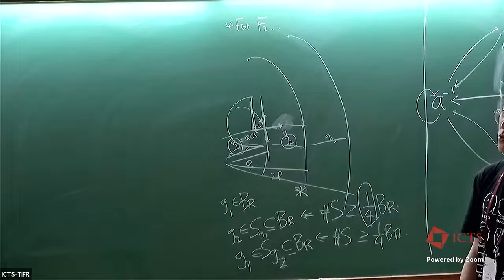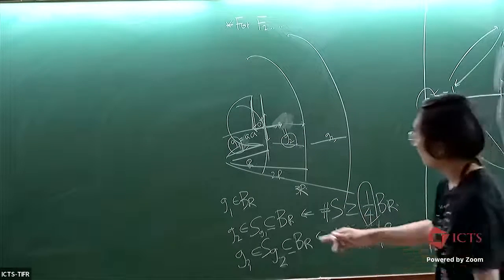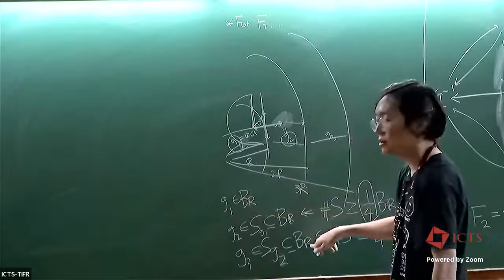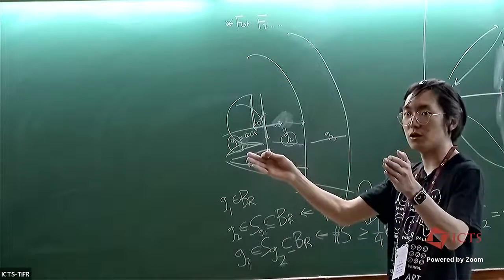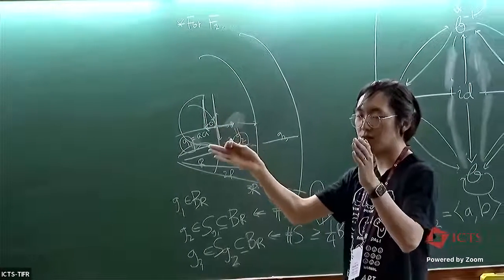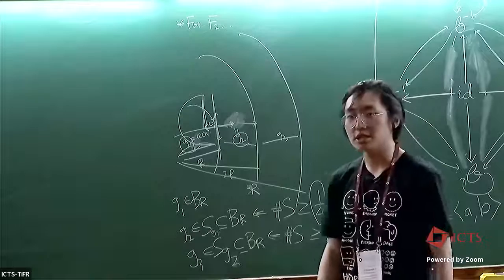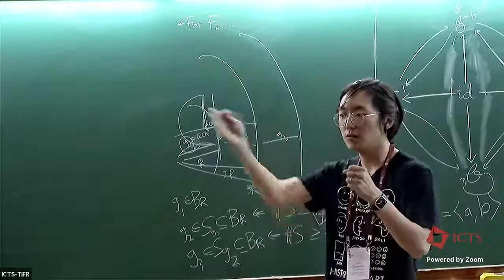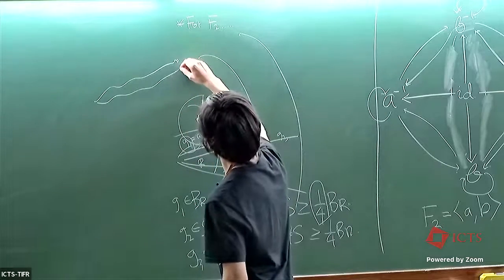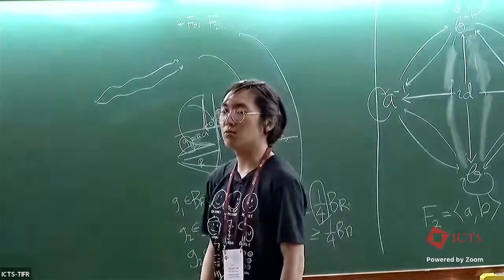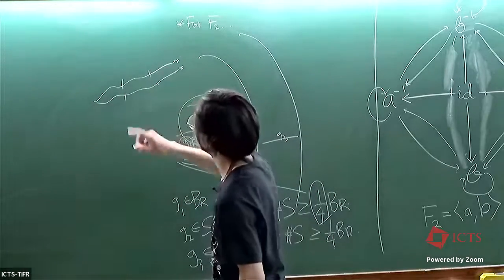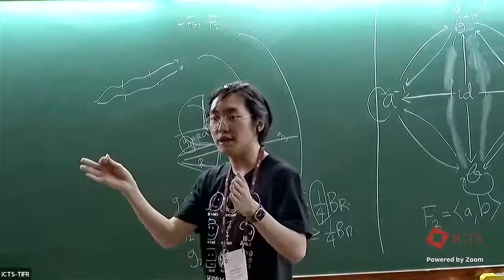So if you do this kind of construction not for all the sequences in B_R, but for some portion of the sequences from B_R, then the map is injective. Why is that the case? If you have two progresses, and they end up at the same point, then there's only one geodesic, basically, right? So if you chop them up into smaller progresses, they should all match.